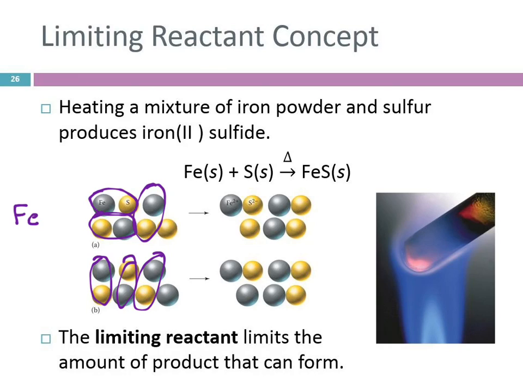The sulfur is in excess, is what we call that. And here, the sulfur is limiting. Oh my goodness. I'm used to looking at this in terms of equations, and then the pictures, I don't know, I just lost my mind there. Okay. Are we all together now? Sorry, I screwed you up there.